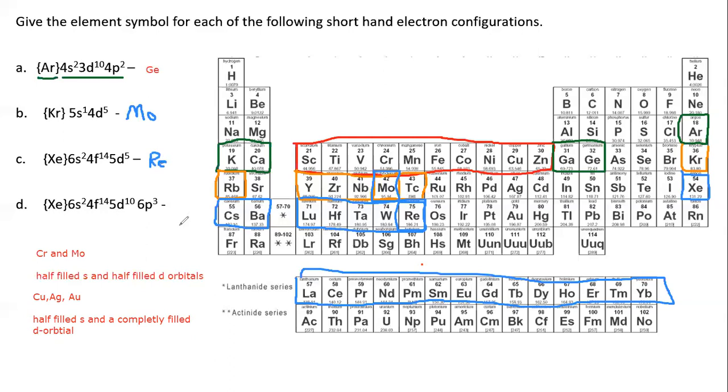And then lastly, we have xenon again, 6s2, 4f14, 5d10. So with 5d10, we include the whole block. And we have 6p3, so we count 3 over, and we see it's bismuth.